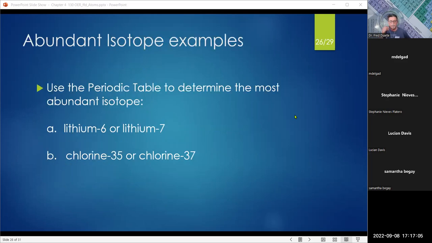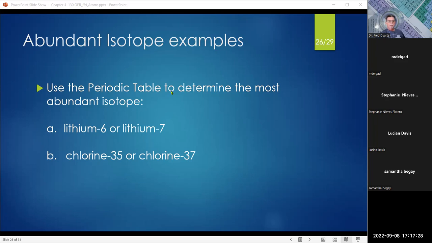Okay, now you may be asked questions here, and we'll probably be done with this chapter here. All right, so you've got a problem here. Using the periodic table, determine which is the most abundant isotope. Is it lithium-6 or lithium-7? No problem.